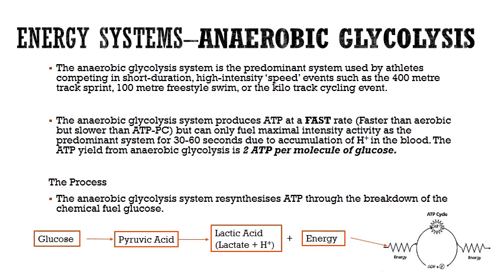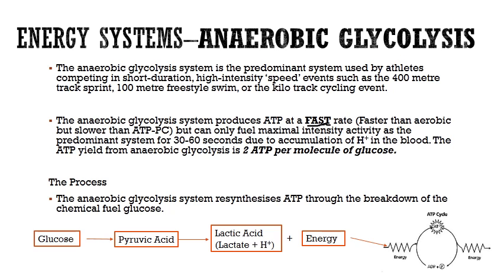In comparison to the other systems, we would say anaerobic glycolysis produces ATP at a fast rate. So it is a fast supply of ATP, but it's not the fastest because it doesn't produce it as fast as the ATP-PC system. But it certainly does produce ATP faster than the aerobic energy system.